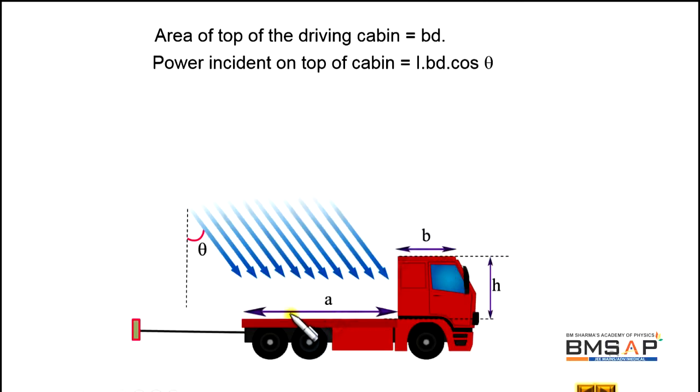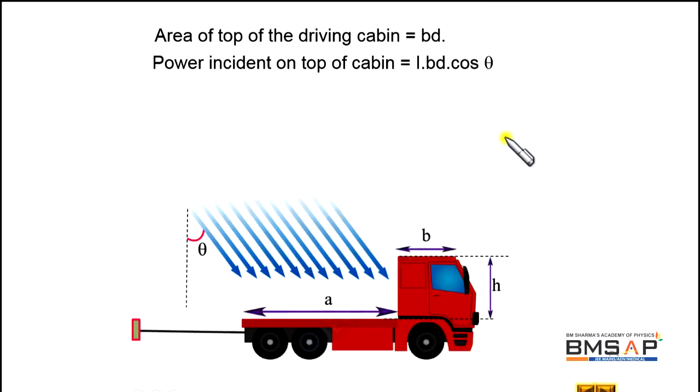Similarly, we can find the power incident on the rear horizontal part of the truck. As we discussed, the area of this part is A multiplication D, intensity is capital I, and here also the angle from normal of the surface to the ray direction is again theta.